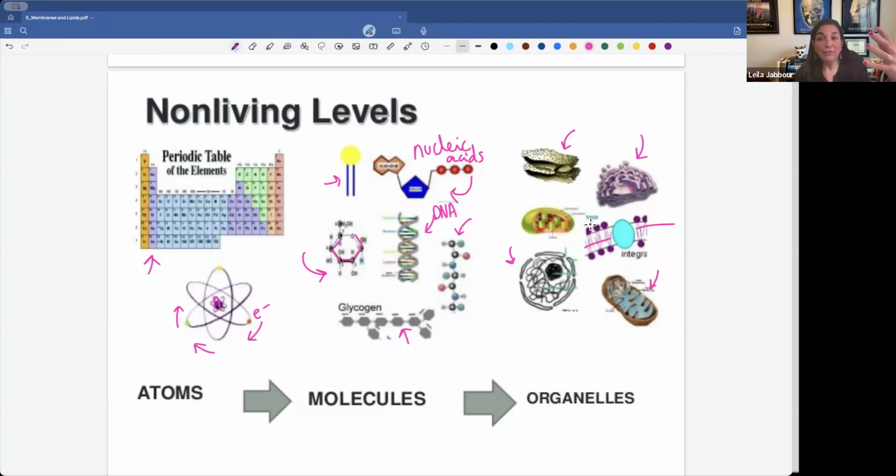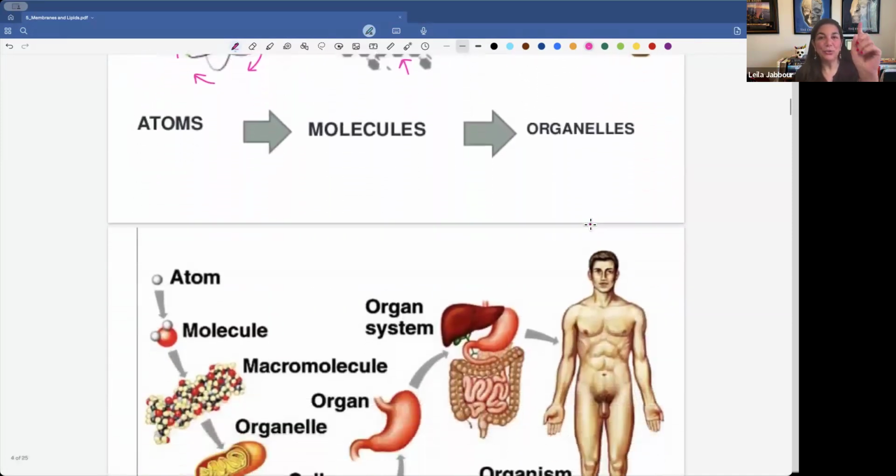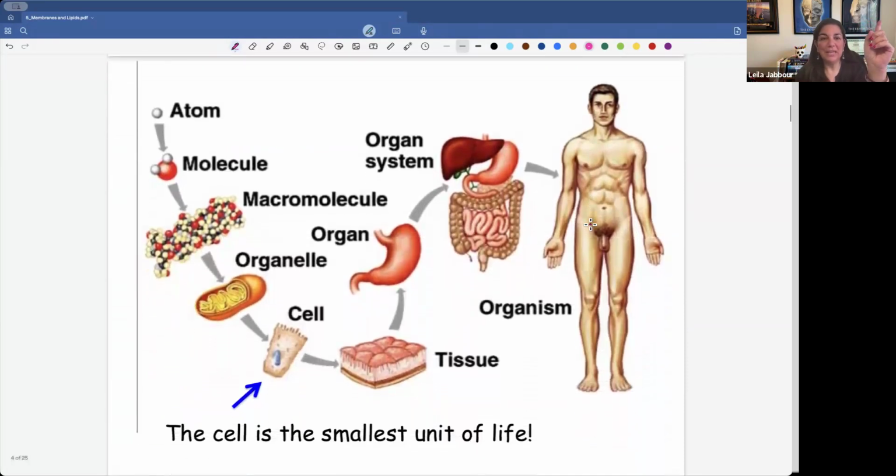However, when we have organelles and a membrane around all this, we have a cell, that's your unit of life. That's the smallest unit of life, the cell. Atoms form molecules, then macromolecules are really large molecules. They all come together to form these mini compartments inside the cell, and then the cell is your first living entity.